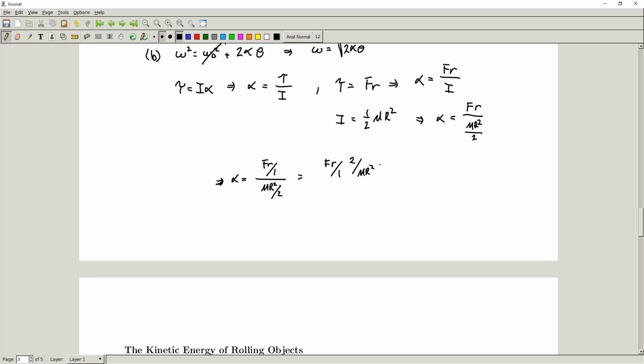And if we do that, we're going to end up with 2Fr over mr squared. Here our m and our r are just the mass and radius of our disk, which we're already given. One of these r's is going to cancel with the one up here, and we're left with 2F over mr.